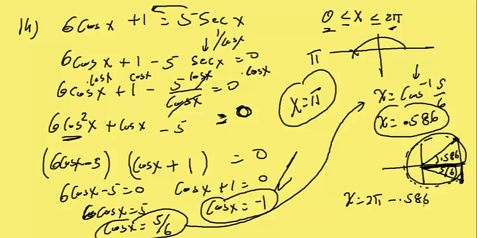Let me subtract that real quick here. Decimal 6.28, and that turns out to be x equal to 5.694. All right, so I have that answer, 5.694, 0.586, and then pi, which is 3.